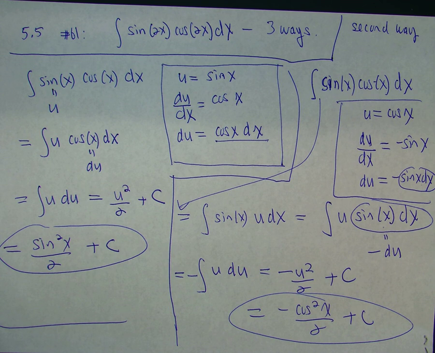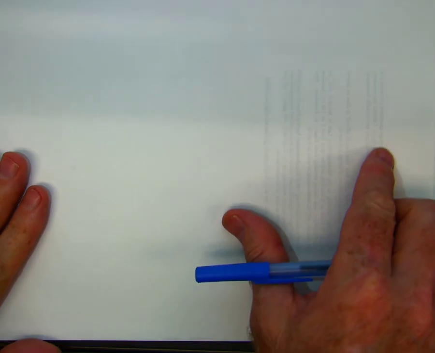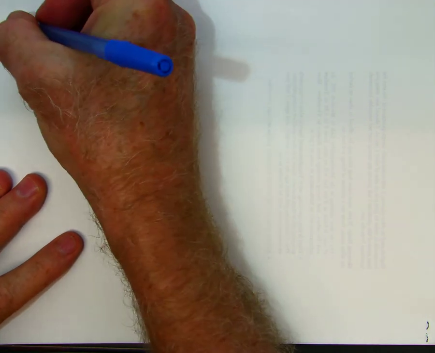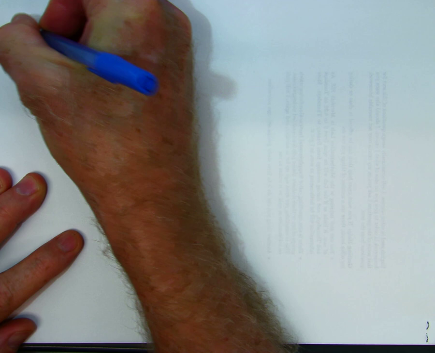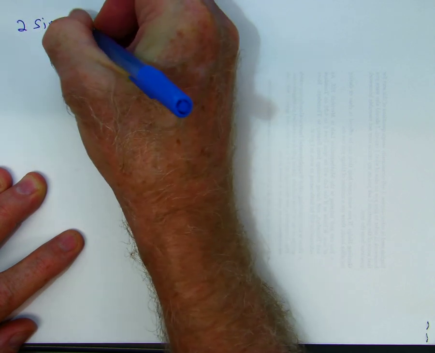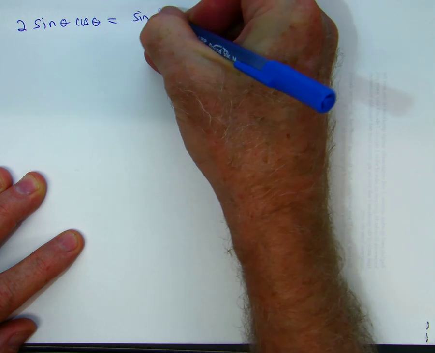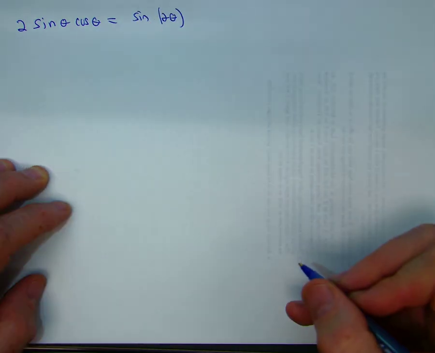Okay. Now we're going to look at the third way to do this problem. In order to do that, I want to remind you of a trig identity. And we have this identity, 2 sine theta cos theta is equal to the sine of 2 theta. Okay, pretty standard identity.